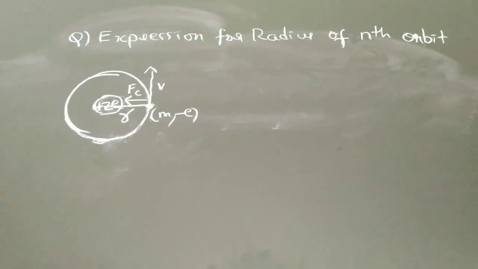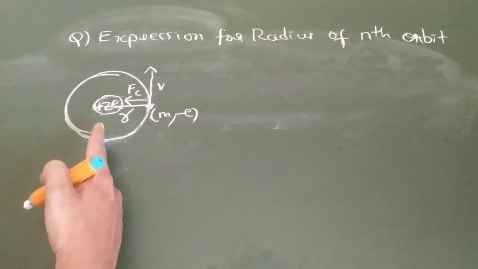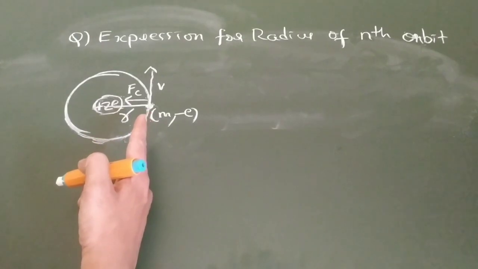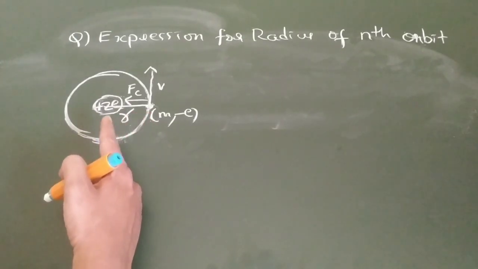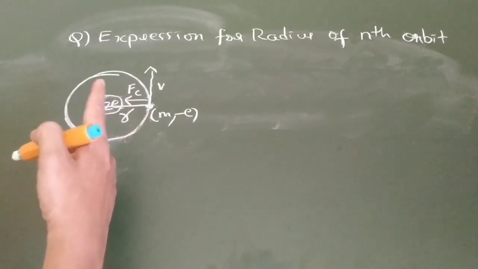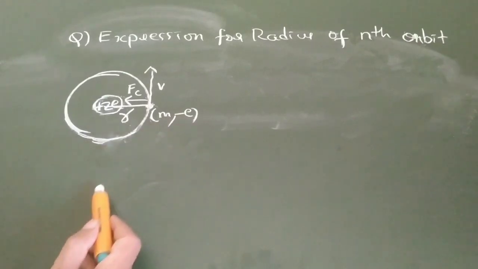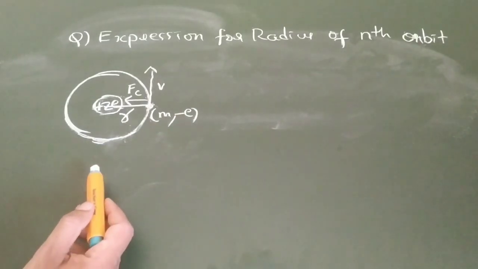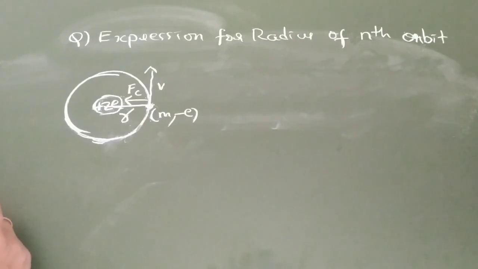Now, who is causing that centripetal force? The electrostatic force. Since the electron is a negative charge and the nucleus is a positive charge, and the electron has some velocity perpendicular to the direction of the nucleus, the electron makes a circular path because of the attractive force. What is the cause of that attractive force?